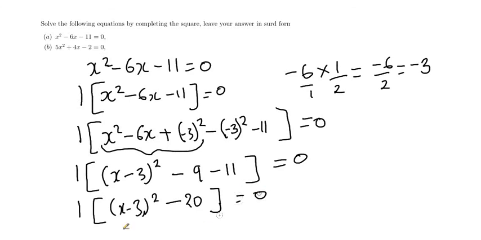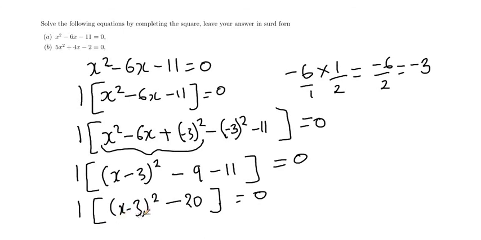is equal to 0. So at this stage we can now bring back the one which is the coefficient of the x squared, or the first term, which we had pulled out. But of course, as I mentioned earlier, this is not going to have any effect because it's a 1.